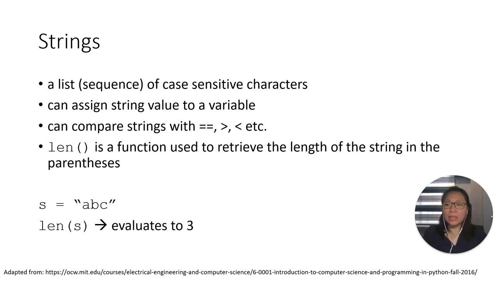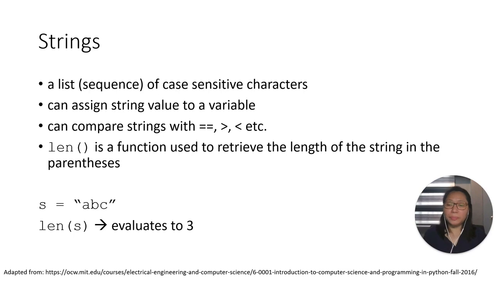Let's say we have this example, the string variable s, and we have the string value ABC. This ABC string is assigned to the variable s, or we can say that s binds to the string ABC.